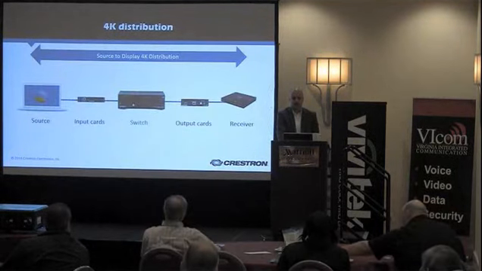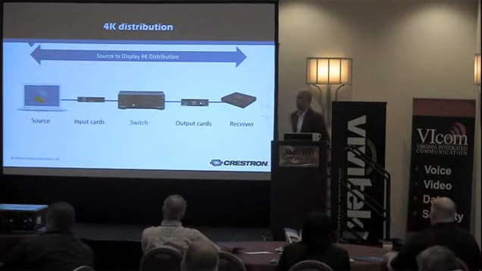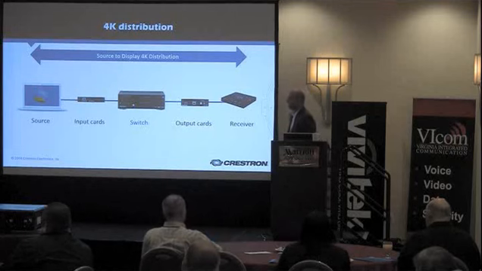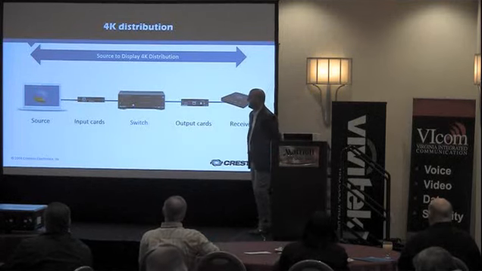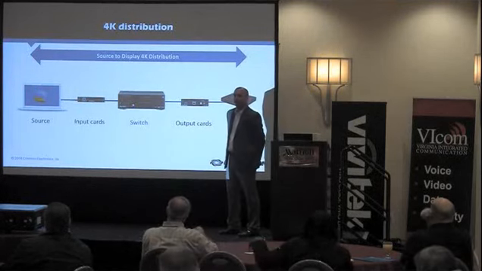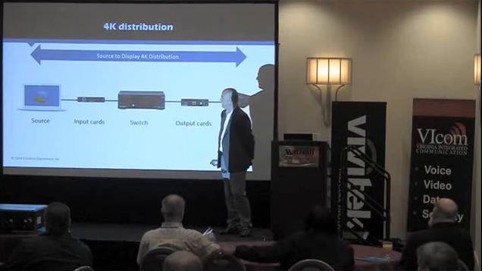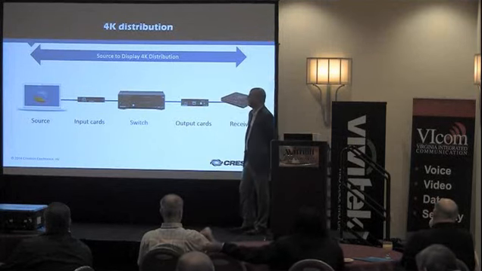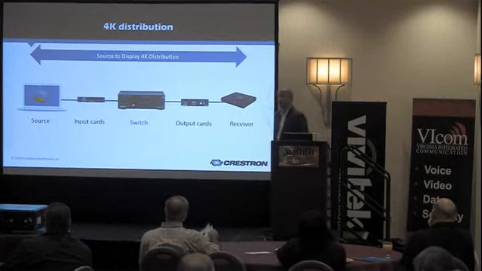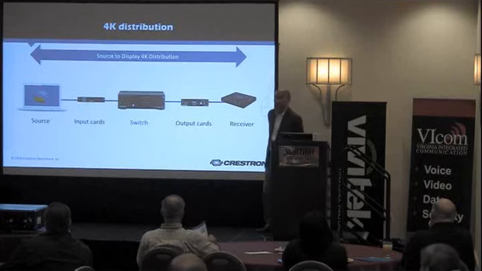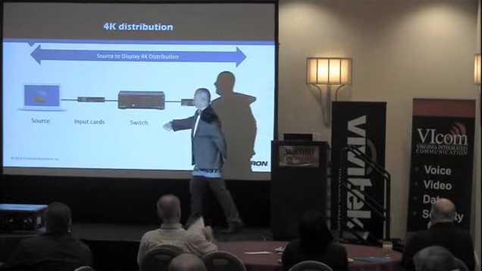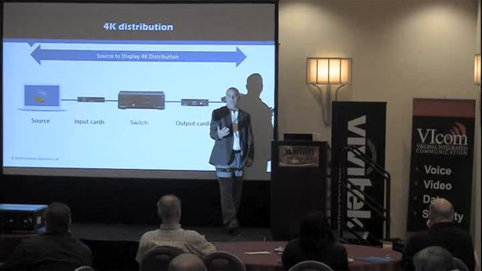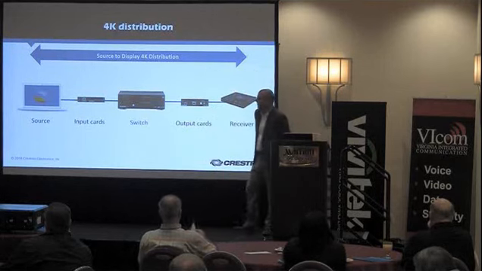Okay, so now what I'm going to do is go right to the changes that are being implemented. Today, I've got end-to-end capability of distributing 4K. I can come out of my source, I've got a 4K input card or 4K transmitter in production and shipping today that would displace a traditional digital input.